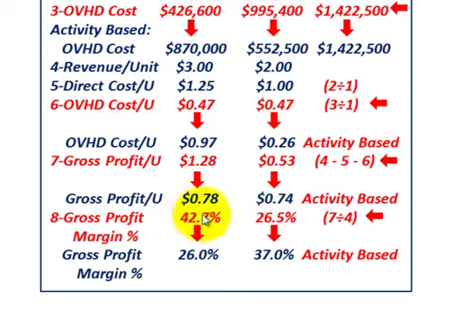So you can actually determine, in this case, what your gross profit margin is. Using our activity-based costing, we realize we're not making the gross margin that we appear to on direct labor alone.